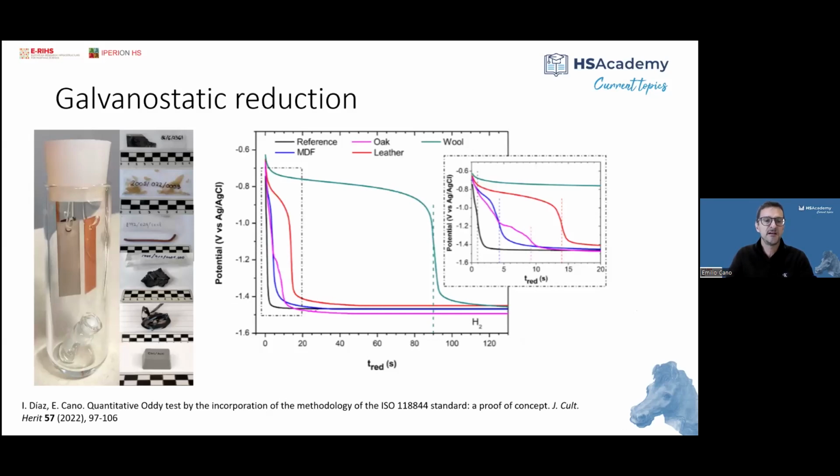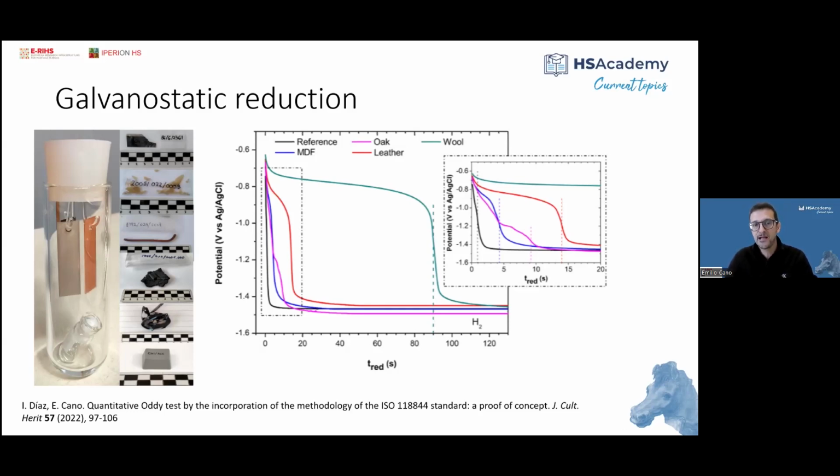This is something we published a couple of years ago, in which we applied this quantification method of the galvanostatic reduction to assess the very thin tarnish layers that were formed on silver and copper during the Oddy test. The Oddy test, probably most of you know this test, exposes these metal coupons to materials that might be found in a museum environment, with the idea of selecting those which do not produce corrosive emissions.